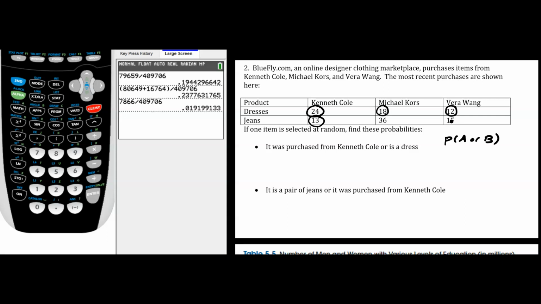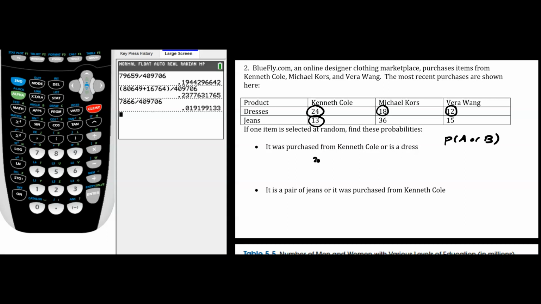not circling that. So to find the probability that an item selected at random is purchased from Kenneth Cole or is a dress, we take the total of items that are purchased from Kenneth Cole or that are dresses, and we are going to divide that number by our grand total of all of the items. So the total number of items that are purchased from Kenneth Cole or that are dresses is the sum of the numbers that we've circled.